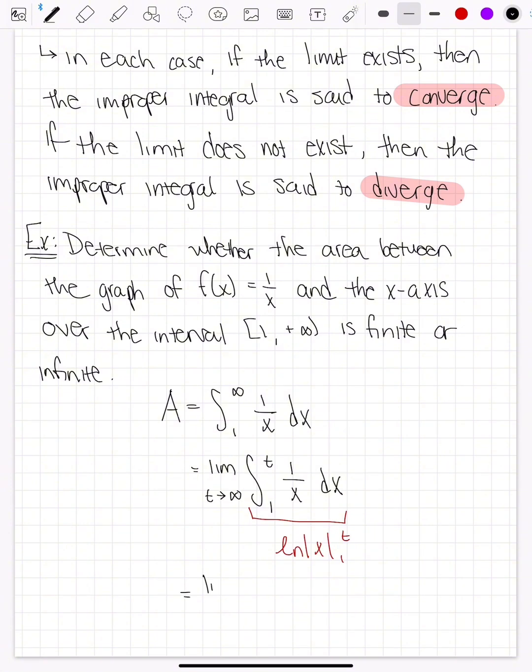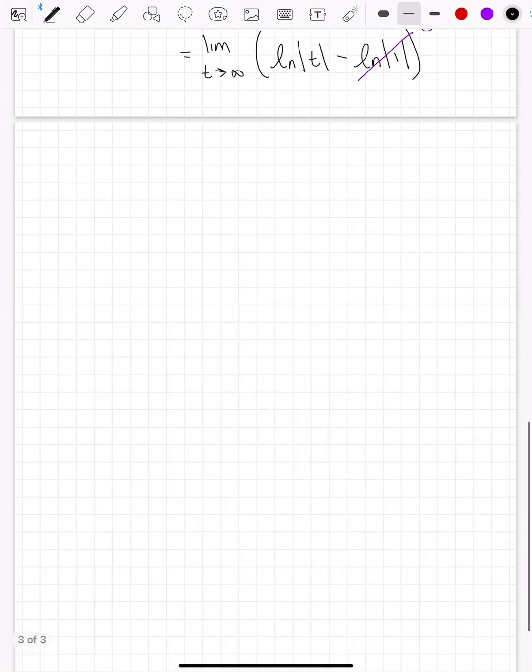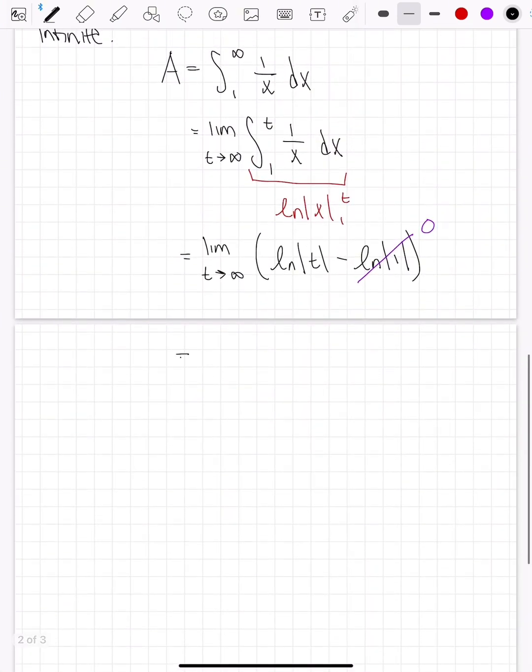So this is the limit as t approaches infinity of ln of the absolute value of t minus ln of the absolute value of 1. And remember that ln of 1 is 0 because e to the 0 is 1, and ln is, what do we raise e to? And then we do the limit as t approaches infinity of ln of t.